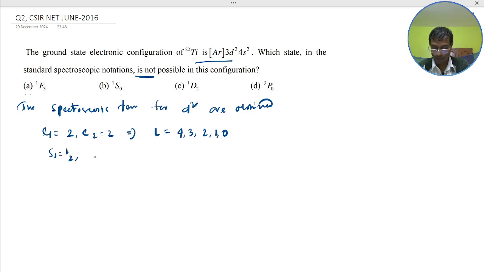S1 is half, S2 is half, so S value is 0, 1, and multiplicity 2S plus 1.